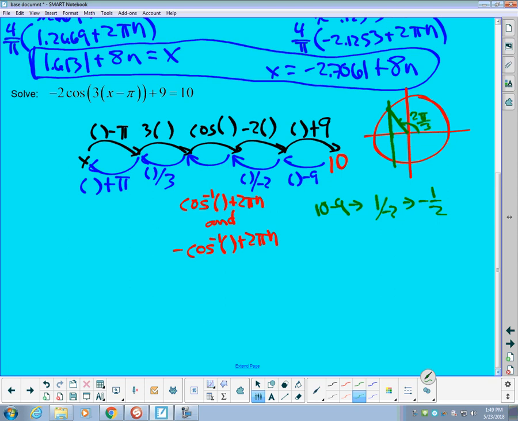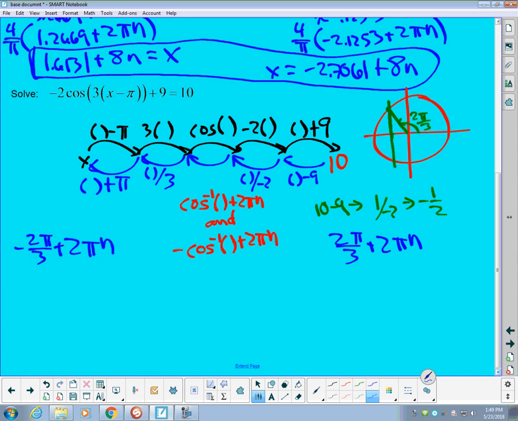So my answers here, I don't need to go to my calculator this time. I can say from here my answers are going to split into a 2 pi over 3, okay? Or I'll get the other one over here, 2 pi over 3 plus 2 pi n. And my other version of it will be -2 pi over 3 plus 2 pi n.